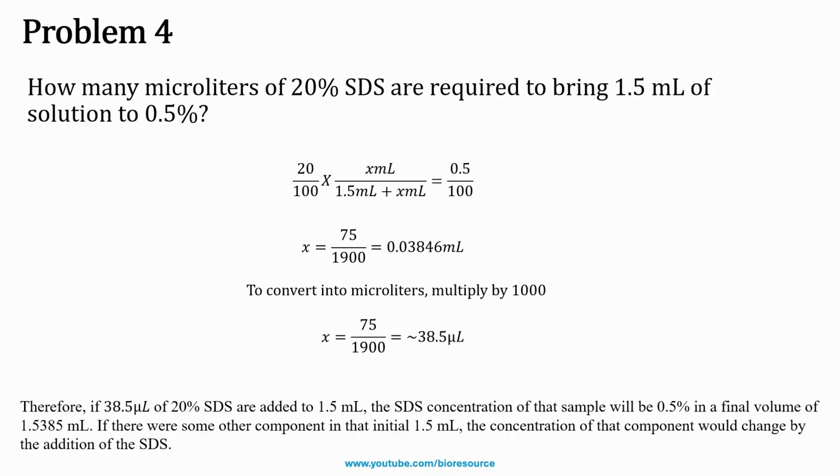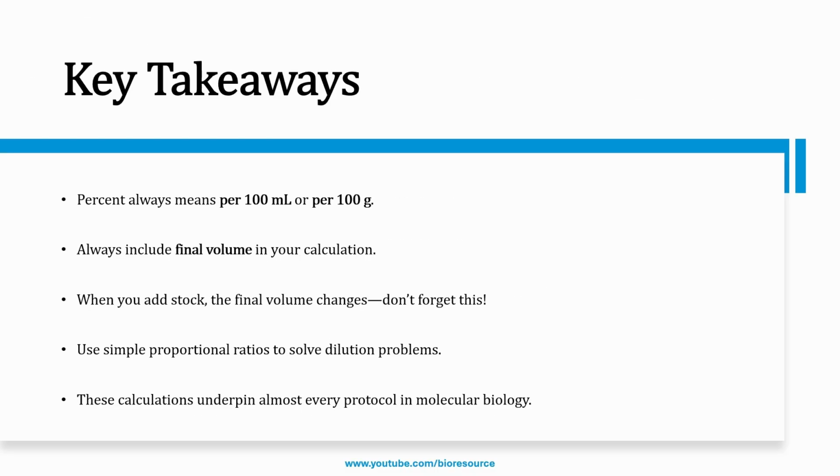And if there were some other components in the initial 1.5 ml, the concentration of that component would change by the addition of SDS. So this is how we solve addition of component to already existing solution to make a particular percentage solution. So what are the key takeaways?